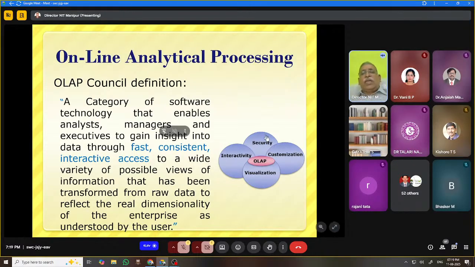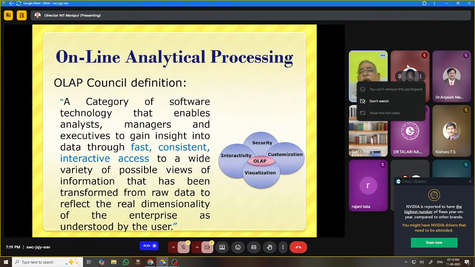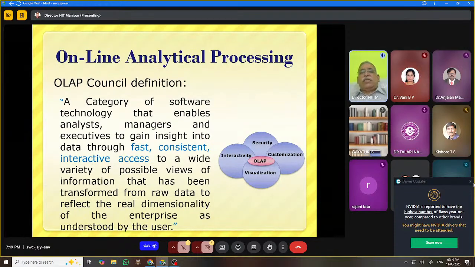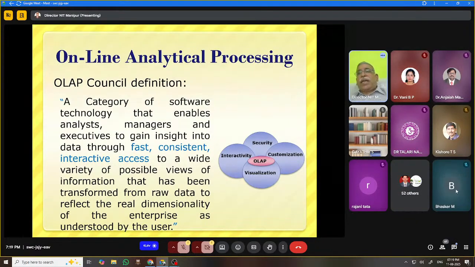Therefore, this OLAP system provides fast and consistent analytical results, and interactive access to different possible views of the information, where the information is transformed from raw data to reflect the real dimensions of the enterprise.